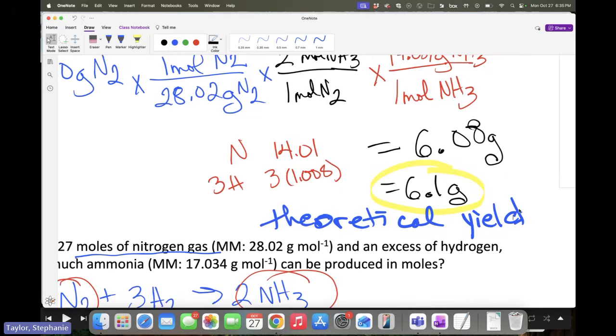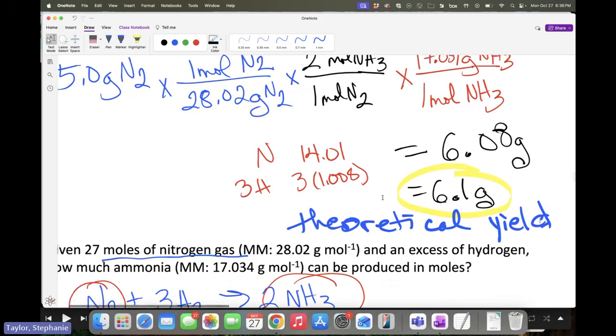So this doesn't take into account human error. There's nothing about whether we actually managed to catch everything, or whether everything actually reacted properly. There is nothing but my calculator and a pen and paper. I realize it's digital, but you know what I mean. There's nothing but a calculator to tell me how I got this number. So I can show you all the math, but this is the theoretical yield.